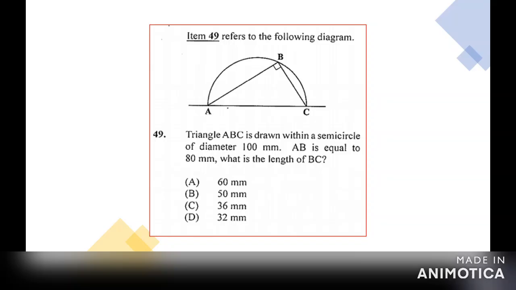So what you want to do is 100 squared minus 80 squared, and you would get the answer for BC, okay? Because they asked what is the length of BC. Once you take the square root of the answer, you would get 60, okay?